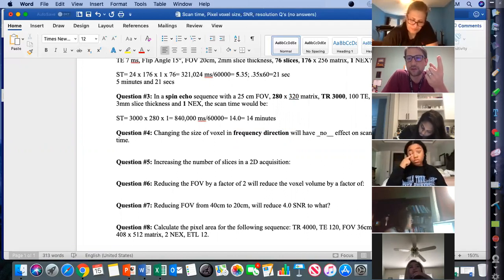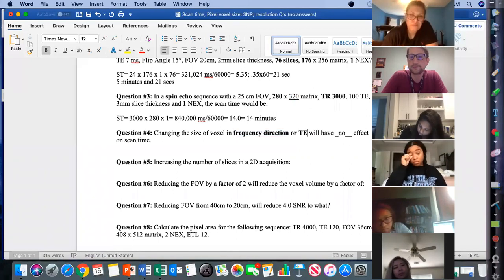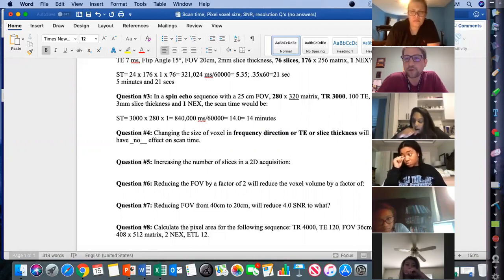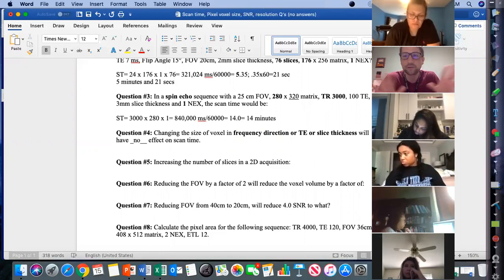Things like frequency direction. This could also say here, or TE, or even slice thickness. Those are all parameters they try and throw in there to throw you off. But all 3 of those are not in any of the scan time equations.